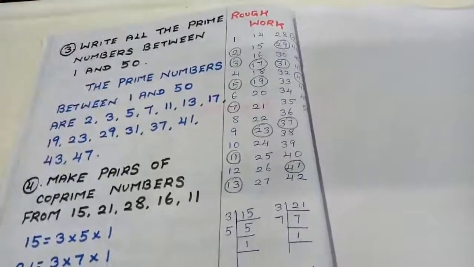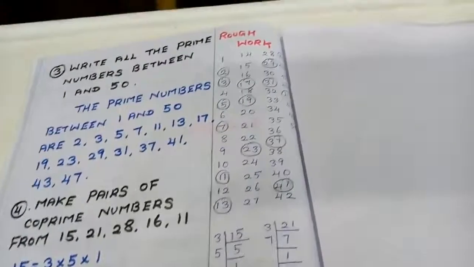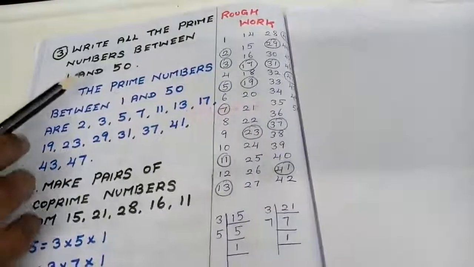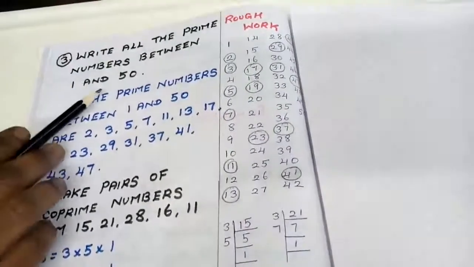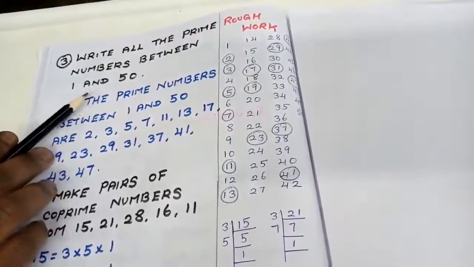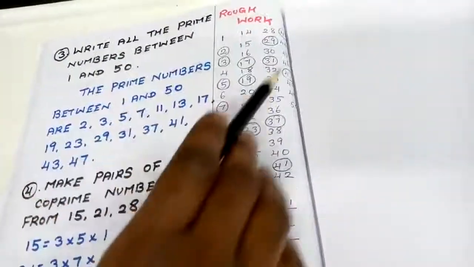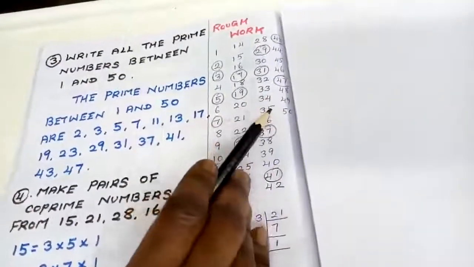So using the concept of prime, composite and co-prime numbers, we are going to see the sum number 3, students. That is, write all the prime numbers between 1 and 50. You're going to write the numbers in order from 1 to 50, that is 1, 2, 3, 4 till 50. I'm going to write all the numbers here, students.